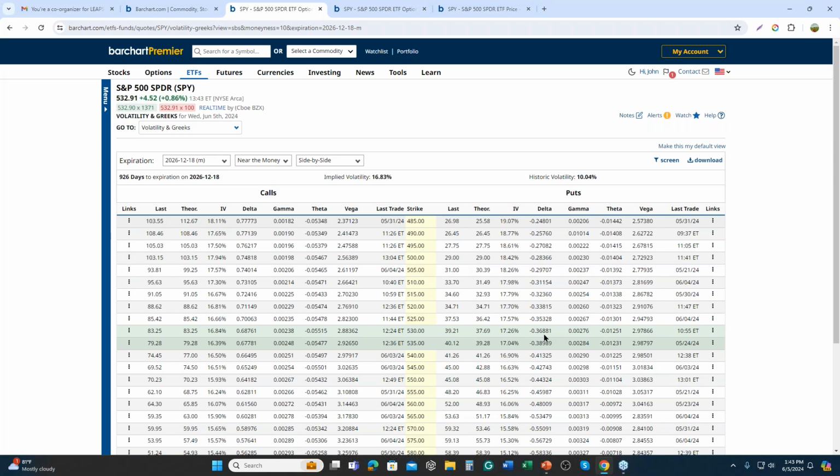Here you can see there's a lot more difference. In other words, the puts are less sensitive to price movements of the underlying. Again, if you are buying a put speculatively and you're thinking that the price of the stock is going to fall over the next, let's say, year or so, you'll notice that you're not getting the leverage that you would have gotten if, for instance, you bought a call LEAP and the price of the stock rises.